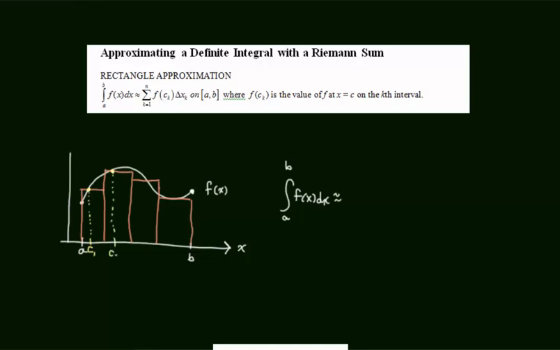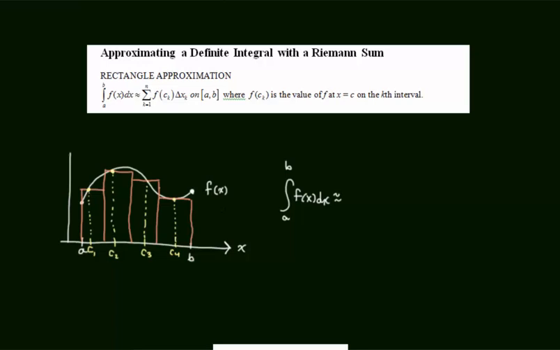It could be closer to the right or closer to the middle. Over here, I'll draw the next one. Again, this is the x value where the height occurs, C3. And then finally, this one turned out to be in the middle, C4. We have 4 rectangles, and I've labeled the x values where the height of each respective rectangle exists.